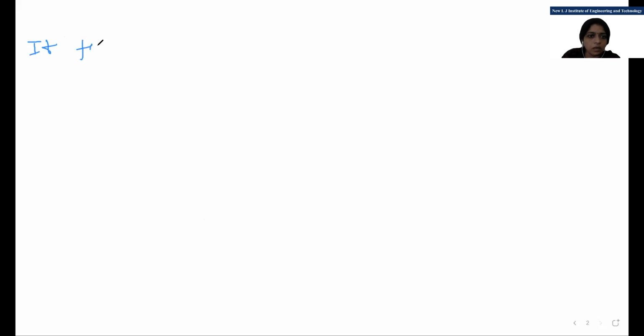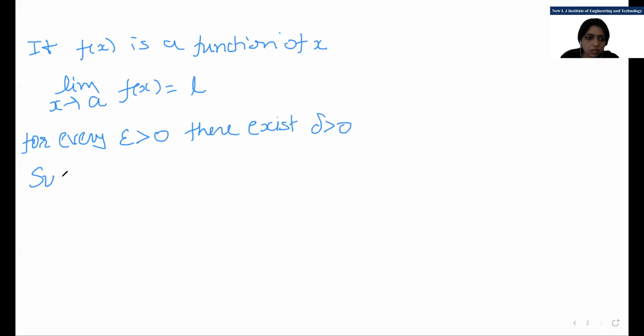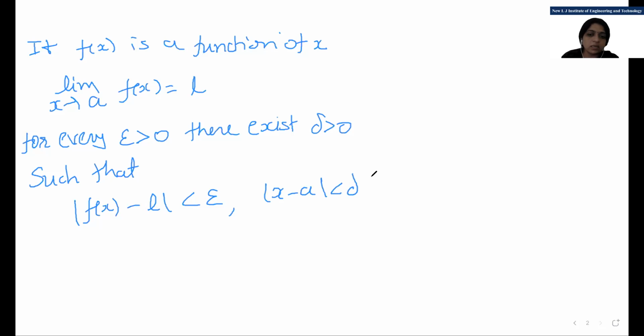If f of x is a function of x with limit x tends to a, f of x is equal to L, then for every epsilon greater than 0, there exists delta greater than 0 such that mod of f of x minus L is less than epsilon, whenever mod of x minus a is less than delta.